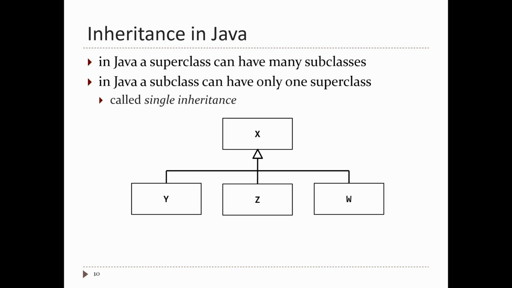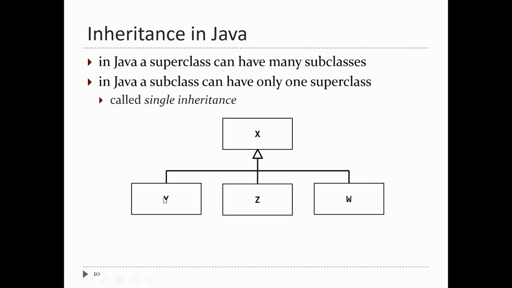In Java, a superclass can have an arbitrary number of subclasses, so there's no limit. Here the class X has 3 direct subclasses. But the opposite's not true. In Java, a subclass has exactly 1 direct superclass.